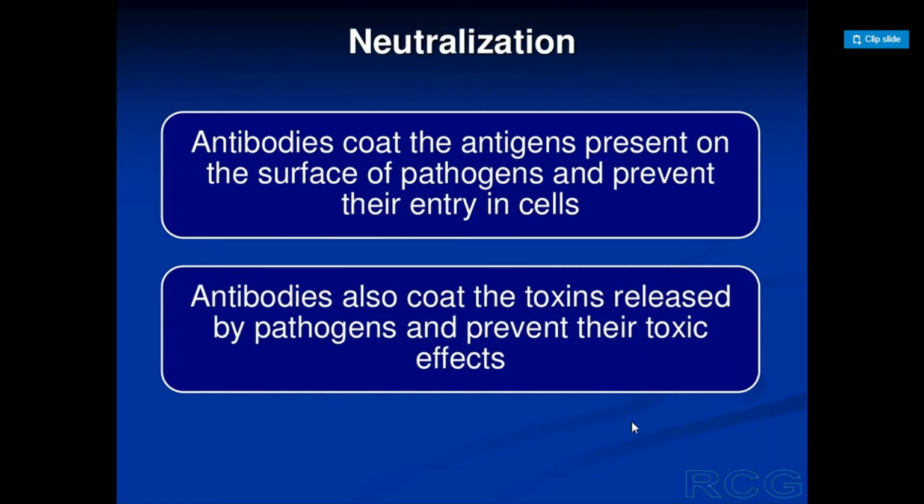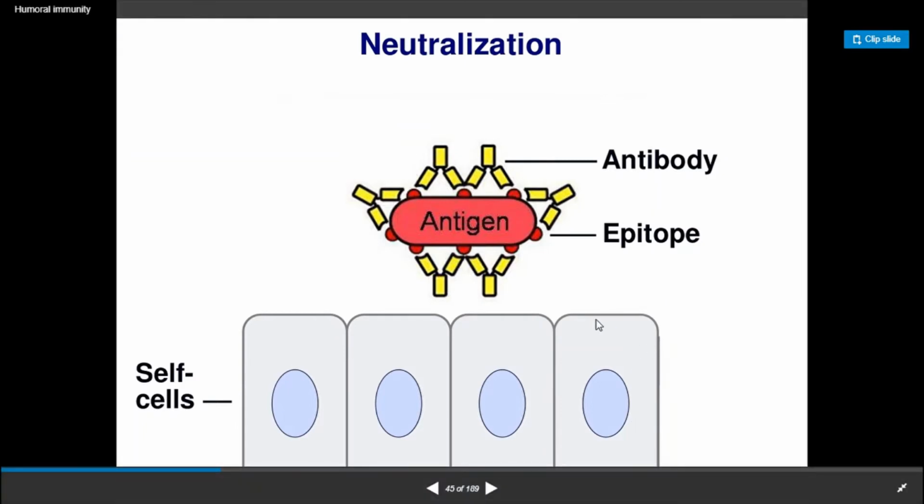Neutralization. Neutralization is when antibodies coat the antigens present on the surface of a pathogen and prevent their entry into the cell. And these antibodies also coat the toxin released by the pathogens and prevent their toxic effect. Here the neutralizing process is taking place.